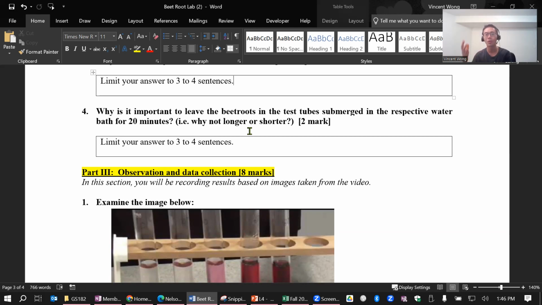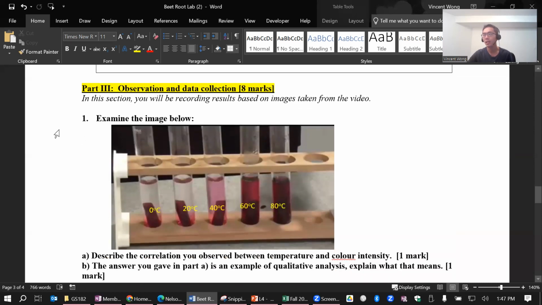Really try to do the question yourself, because what ends up happening is someone in the group came up with an idea and everybody decided to go with the same explanation, and sometimes it turns out to be wrong. These are things that you can think about yourself. What happens if it's too short? What happens if it's too long? Moving on.